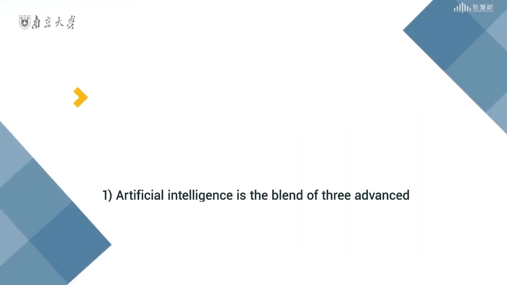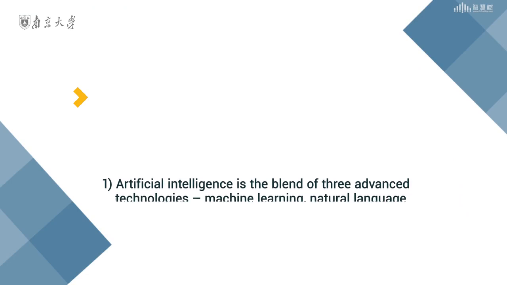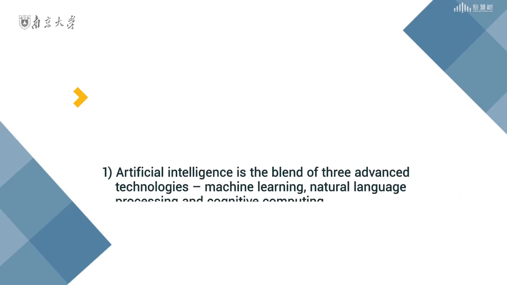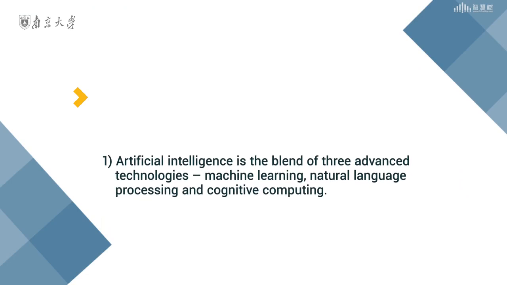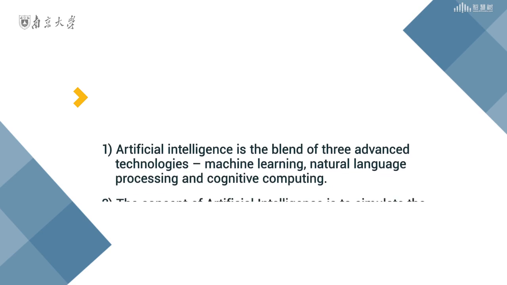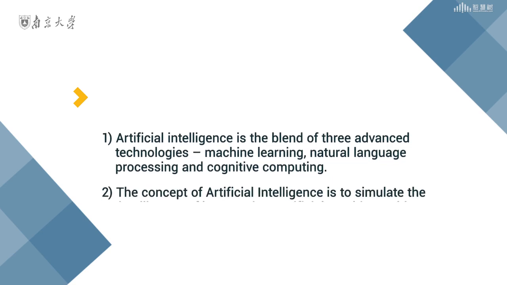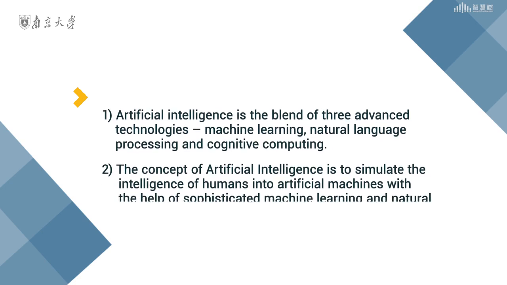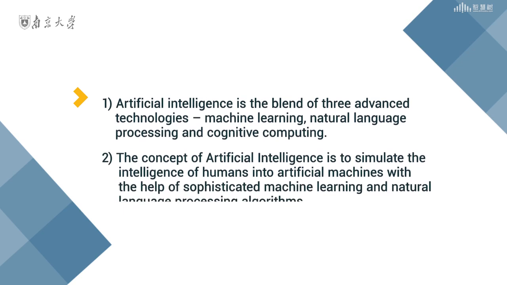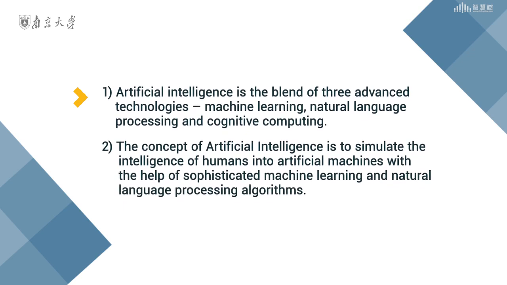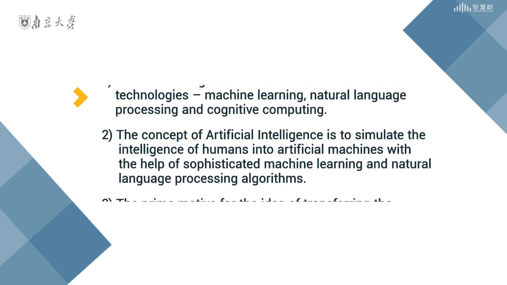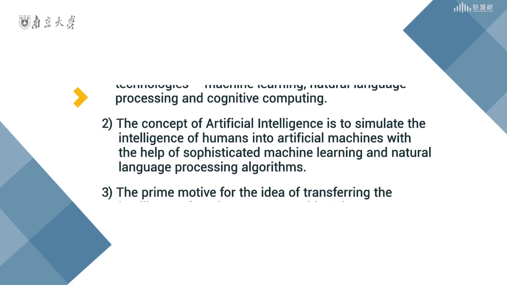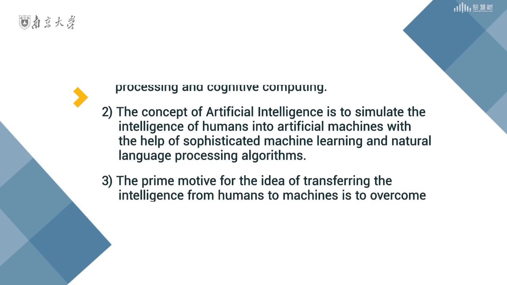Artificial intelligence is the blend of three advanced technologies: machine learning, natural language processing, and cognitive computing. The concept of artificial intelligence is to simulate the intelligence of humans into artificial machines with the help of sophisticated machine learning and natural language processing algorithms.